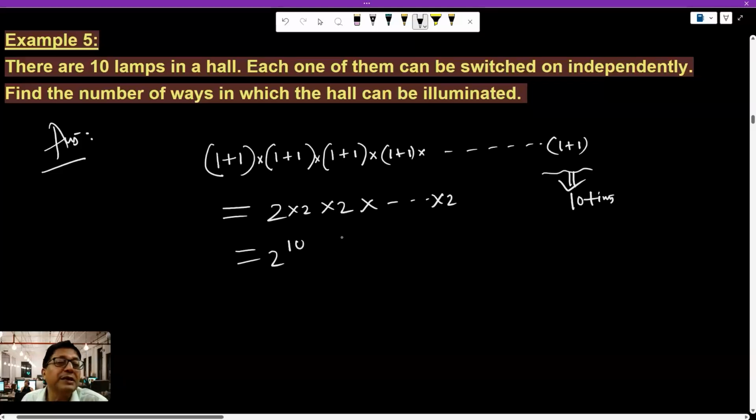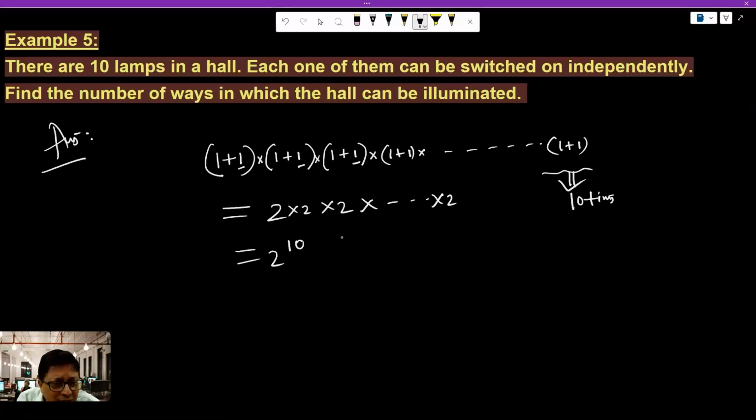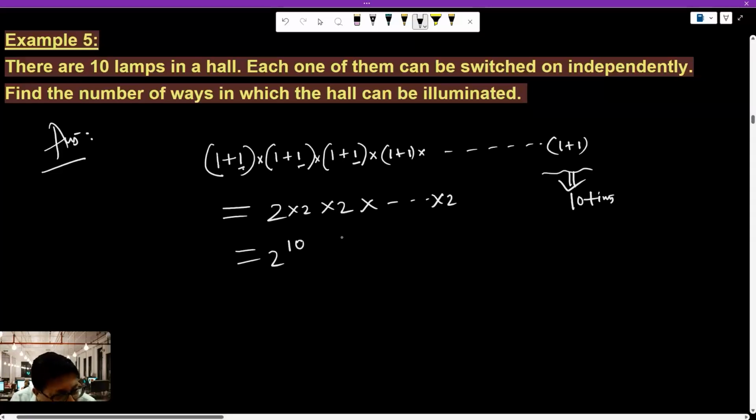But I don't agree. Why? Because you said that the bulb is either on or off. Maybe this one is off, this one off, this one off. These are possibilities, no? We are multiplying all the possibilities. But one possibility contains the first bulb off, not switched on. Second one not switched on. Third one not switched on.